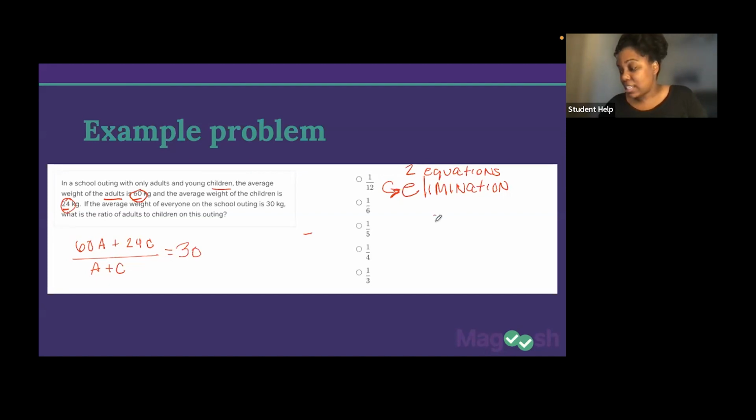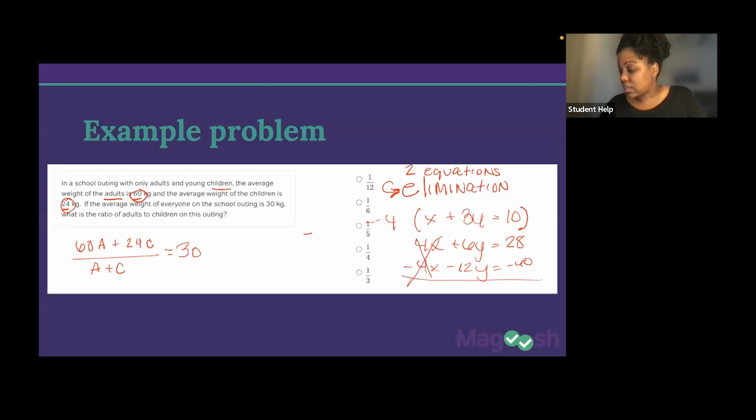Just in case, if you had x plus 3y equals 10, and 4x plus 6y equals 28, and you wanted to get rid of x, you could multiply this whole thing, for example, by -4, and then say -4x minus 12y equals -40.